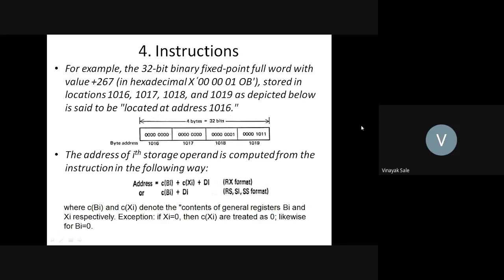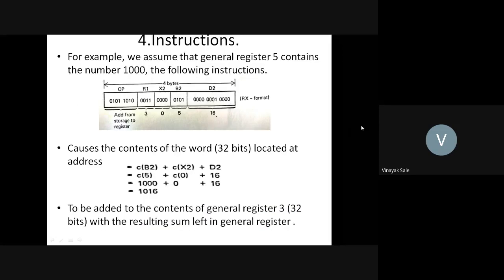This is one example. Then the next example, in the case of the RX format instruction, the previous format we have seen is conversion of base index to hexadecimal index. So here there are 5 types of registers: first is the operand, second R1, third R2 or X2, fourth B2, and fifth D2.